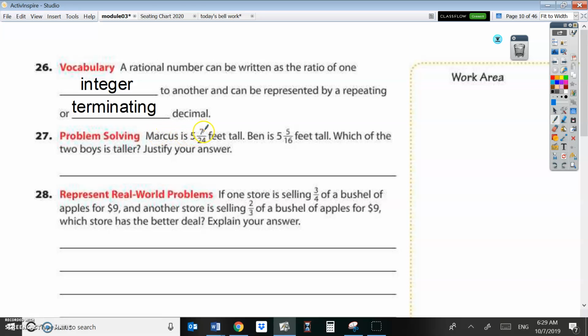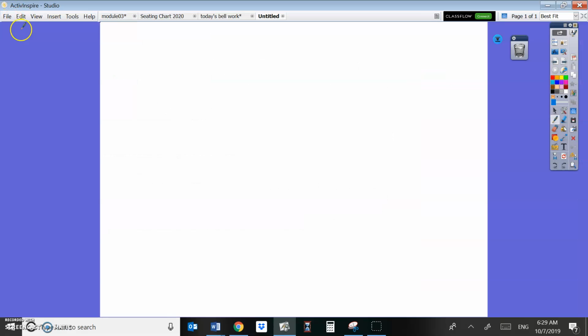Marcus is 5 7/24 feet tall, and Ben is 5 5/16 feet tall. Which of the two boys is taller? Justify your answer. So let's just do the division.